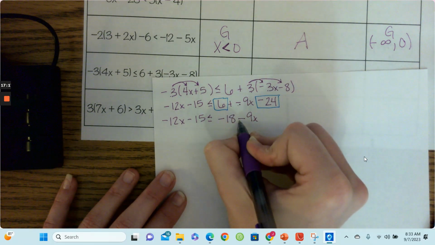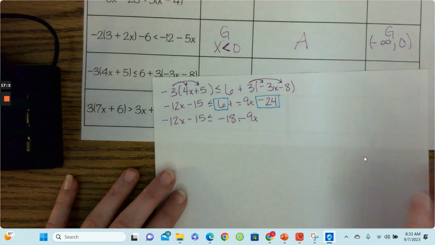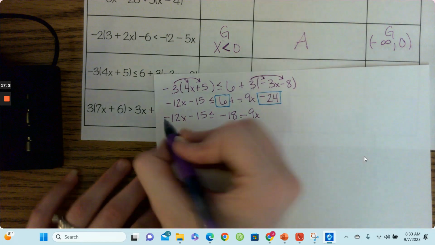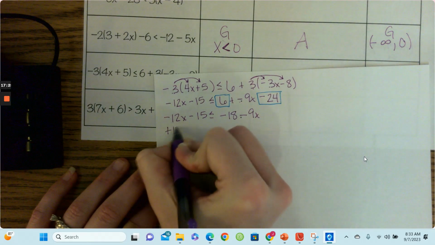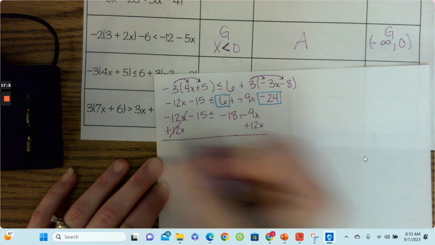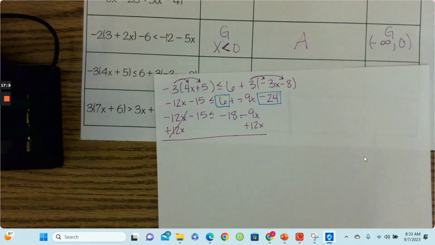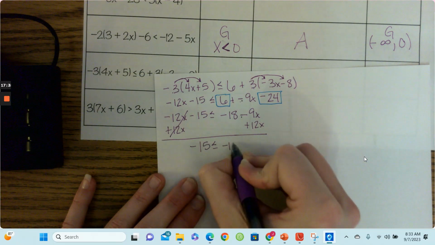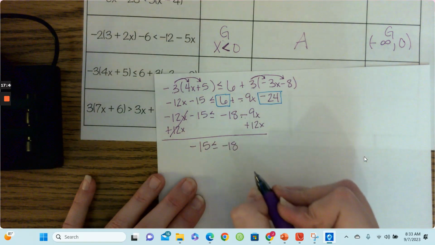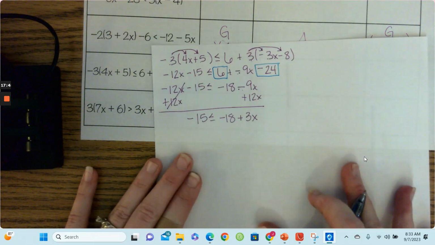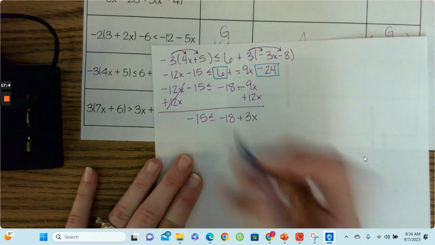Plus minus is the same thing as minus, and we want as few symbols as possible. Now I've got to get my x's together. What x do we want to move? I'm going to do the opposite. Again, it doesn't matter. If you wanted to move the 9, it will still work out the same, so don't panic over whether I'm moving the right one or not. Negative 9 and a positive 12 is a positive 3x.